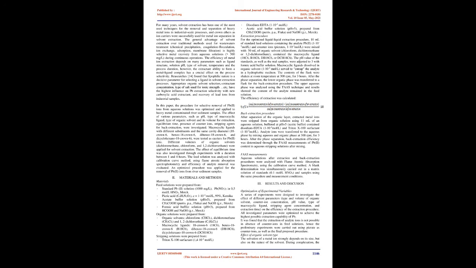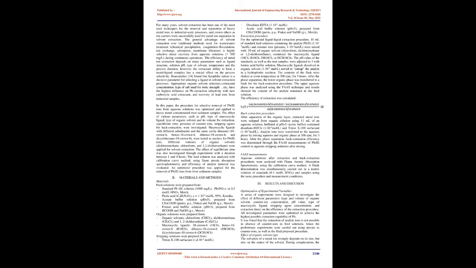The effect of various parameters, such as pH, type of macrocyclic ligand, type of organic solvent and its volume for extraction, equilibrium time, presence of counter ions, stripping agents for back extraction, were investigated.